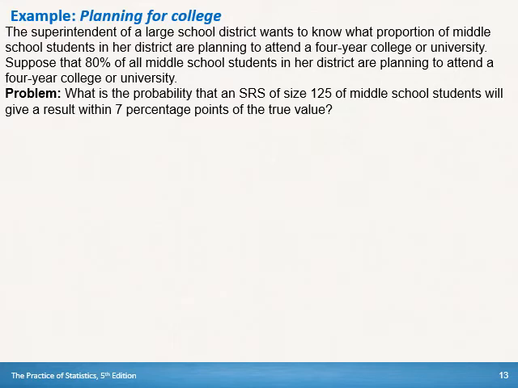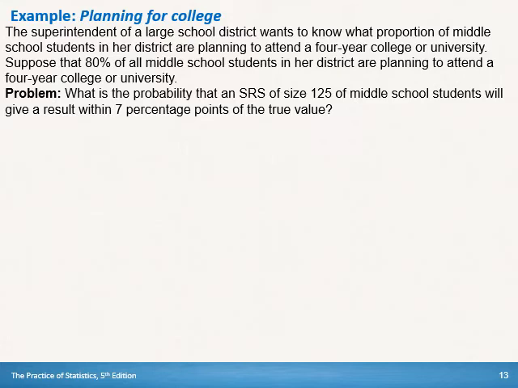All right, let's look at an example, and we'll use our quite extensive three-step process for it. A superintendent of a large school district wants to know what proportion of middle school students in her district are planning to attend a four-year college or university. Suppose that 80% of all middle school students in her district are actually planning to attend a four-year college or university. Now, in reality, we won't know this 80%, but this is a hypothetical, theoretical type question.